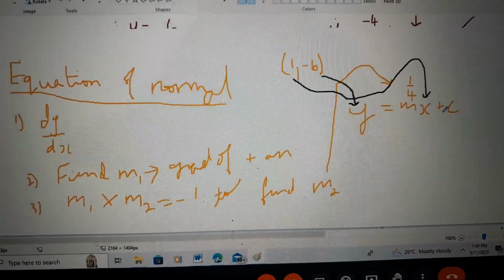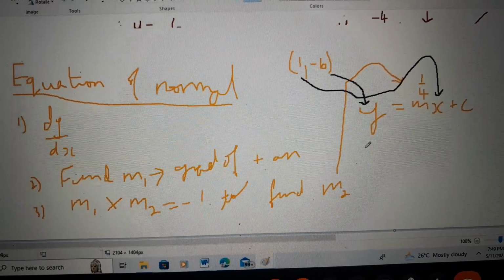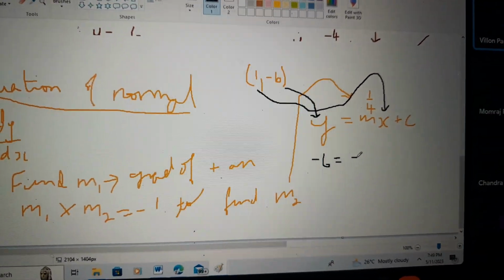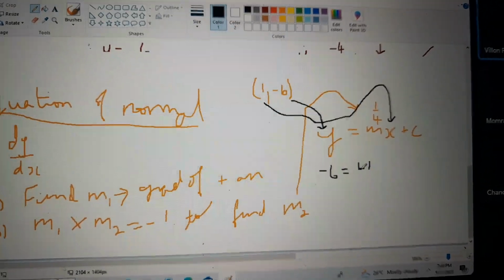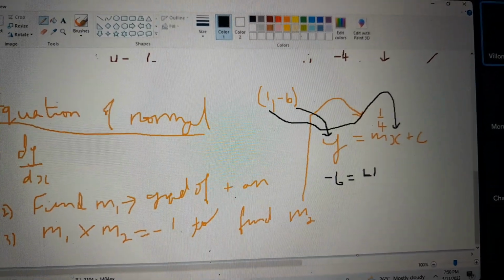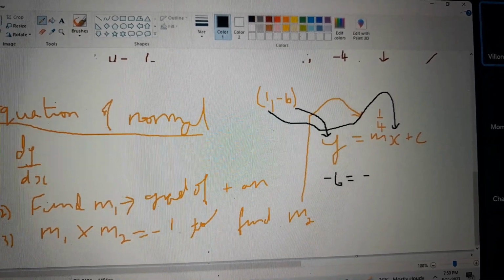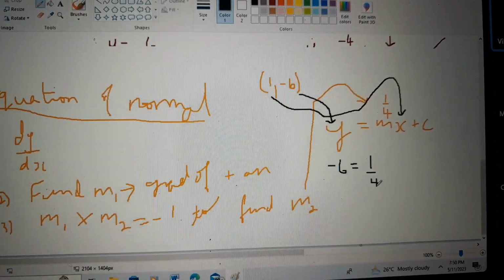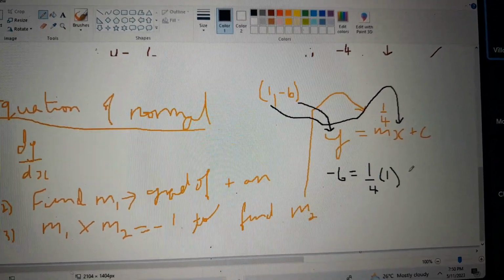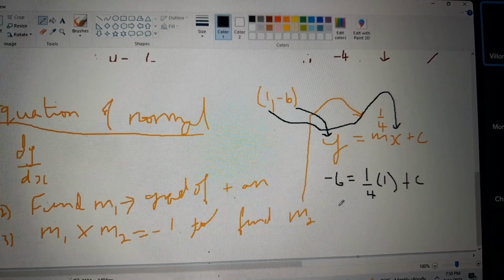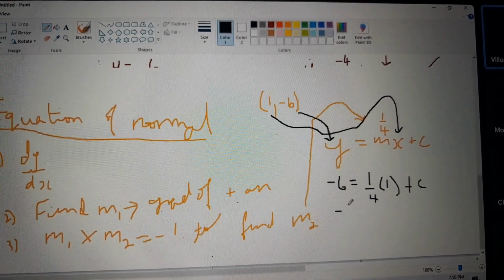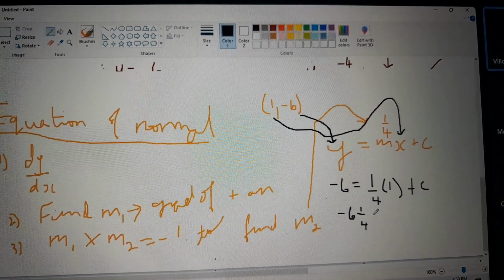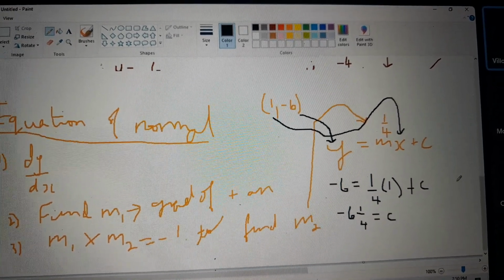m to find c. So -6 is equal to m, a quarter, times 1 plus c, and all we should get here is -6¼, because you'll be taking over a quarter, is equal to c.